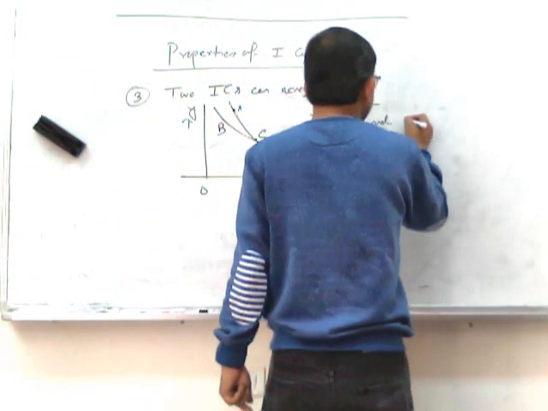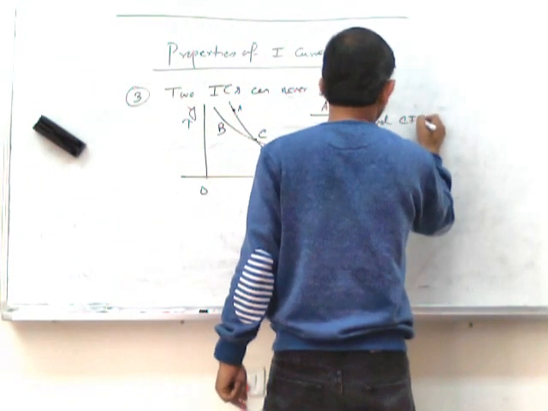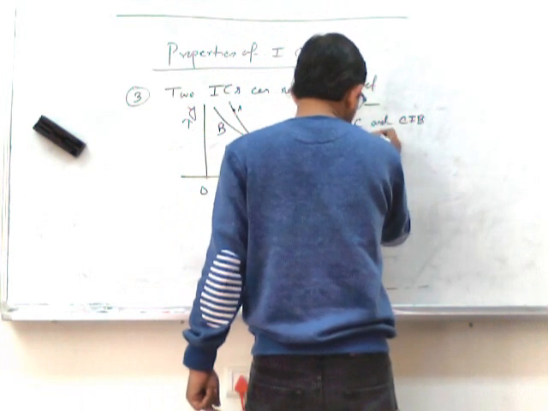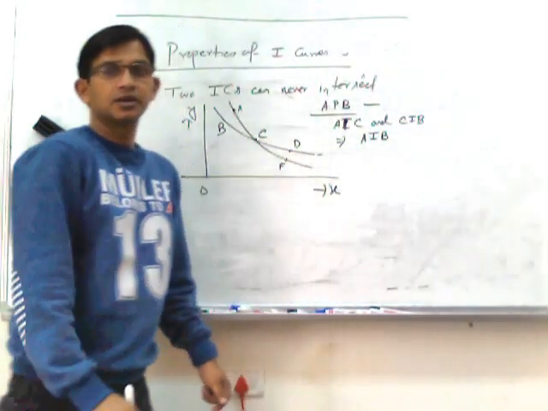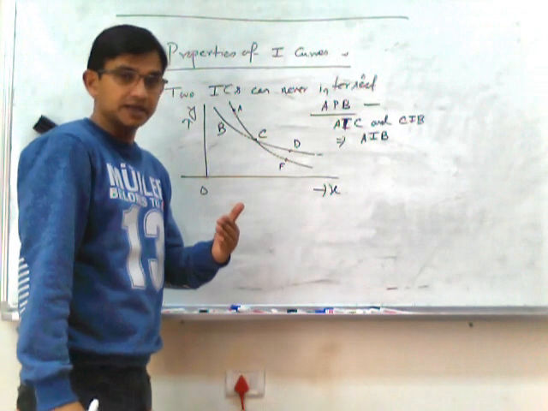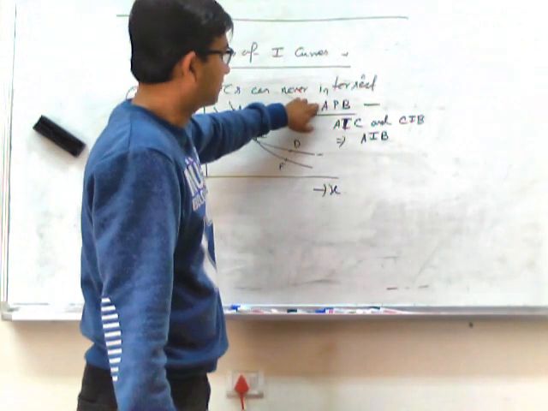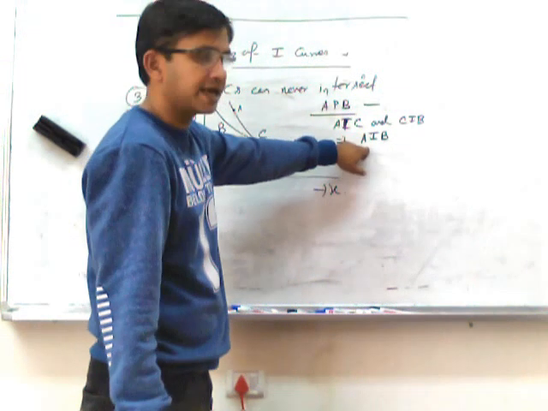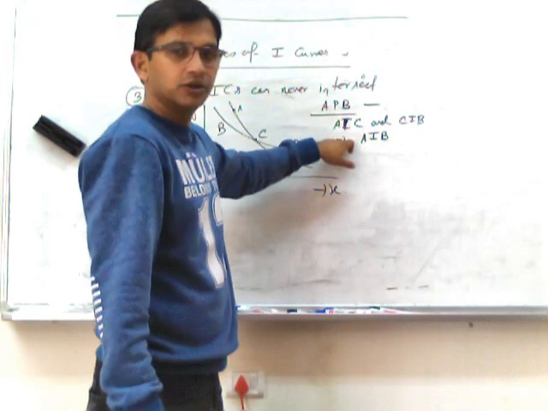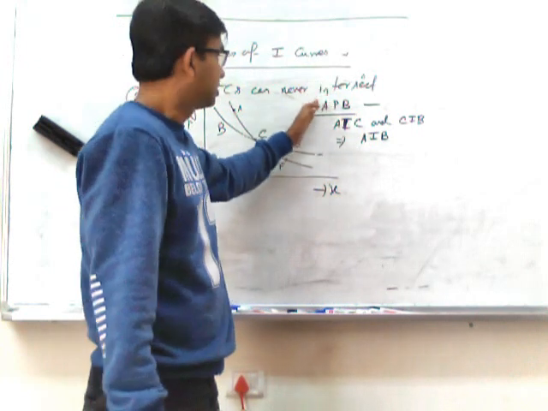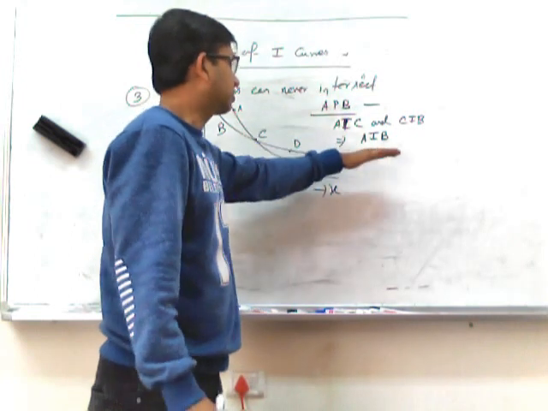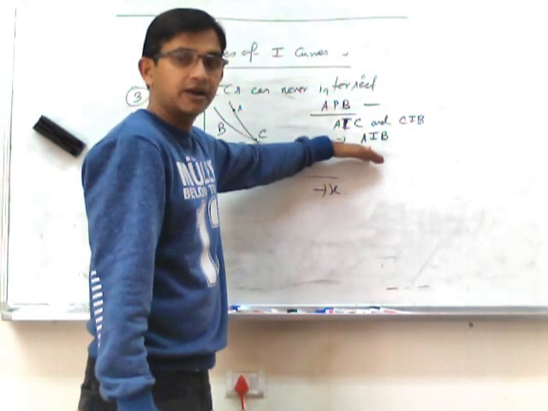So C is indifferent to B. So that implies by the axiom of transitivity A will be indifferent to B. But as per the axiom of completeness, we know that if A is preferred to B, then we cannot say A is indifferent to B. So these two events are mutually exclusive. But here we can simultaneously say A is preferred to B and A is indifferent to B. So that violates the axiom of completeness.